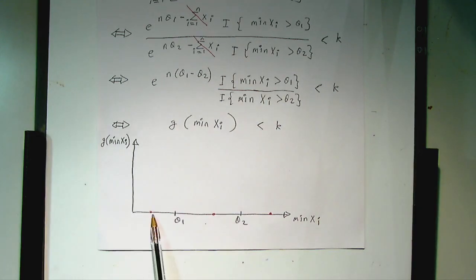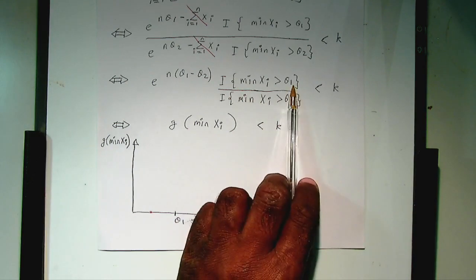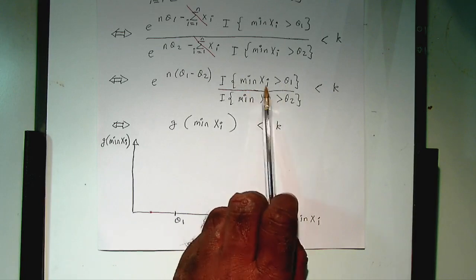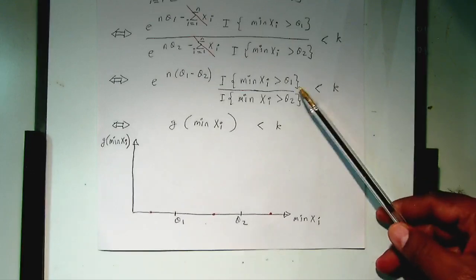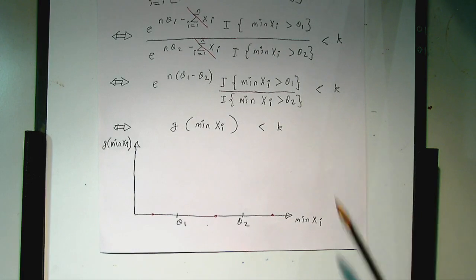Now let's consider this one. If you are here, what is the value of this? 0. And this? 0. So 0 divided by 0 is undefined.